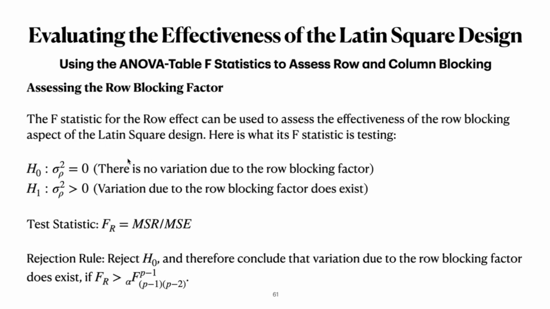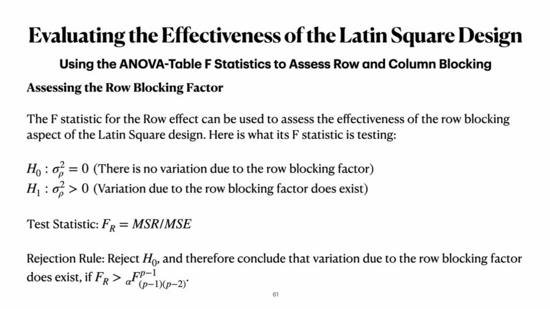In other words, the null hypothesis is that there is no variation due to the row blocking factor, against the alternative hypothesis that sigma squared sub rho is greater than 0. That would indicate that variation due to the row blocking factor does exist. The alternative hypothesis does not say how much variation exists, it just tells us that variation does exist.